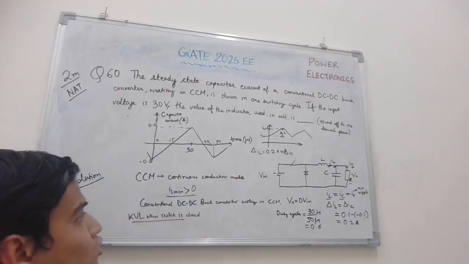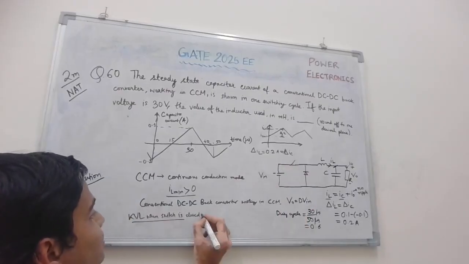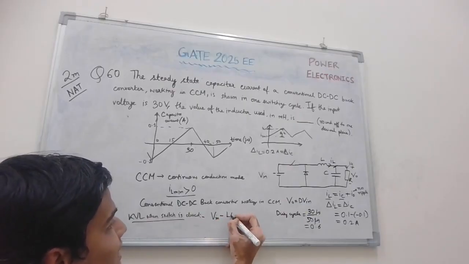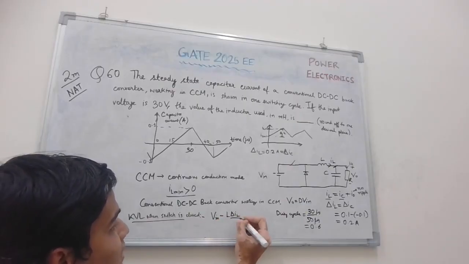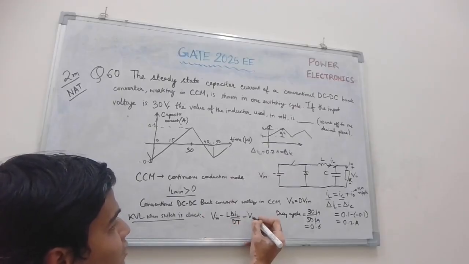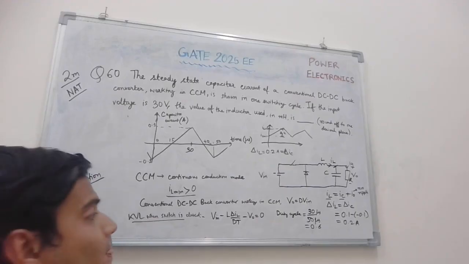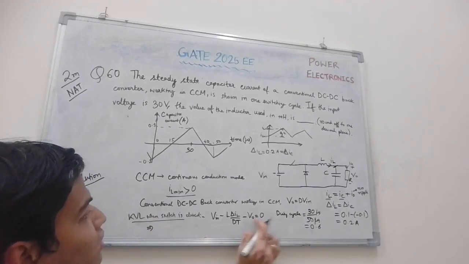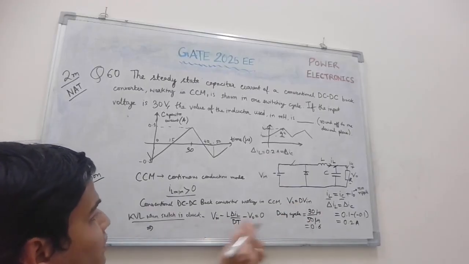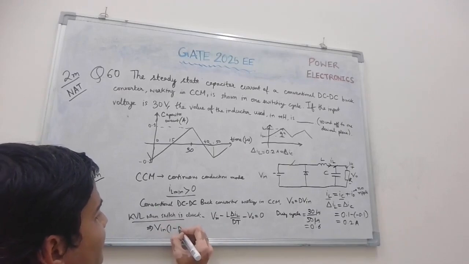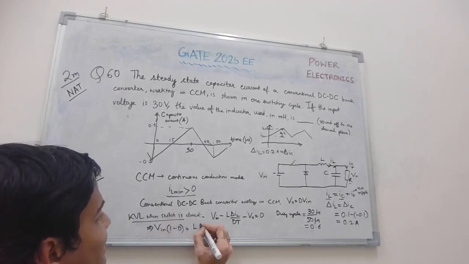When the switch is closed, we apply KVL: Vin minus L delta IL by dt minus V0 equals 0. Using V0 equals D into Vin, we get Vin into (1 minus D) equals L delta IL by dt.